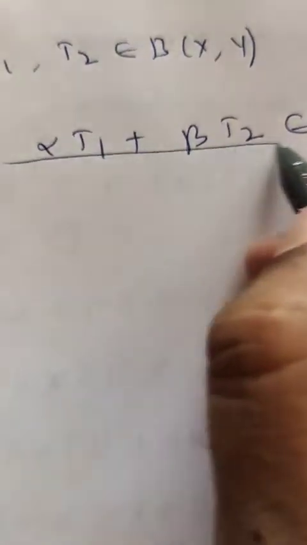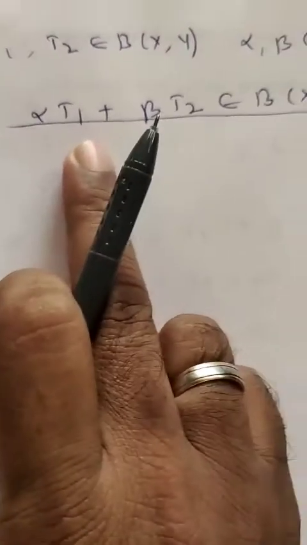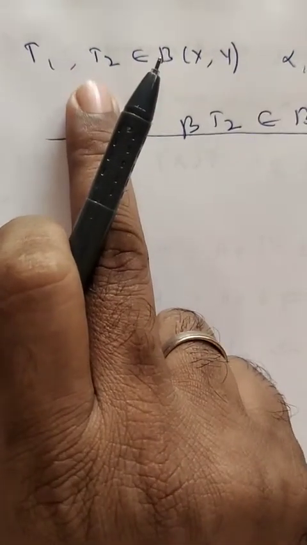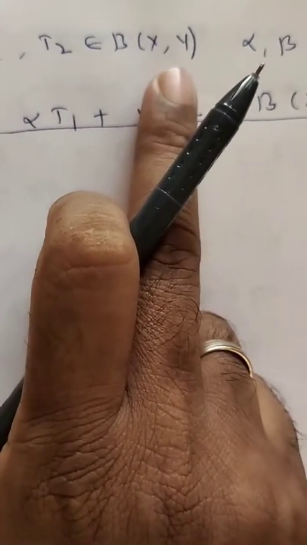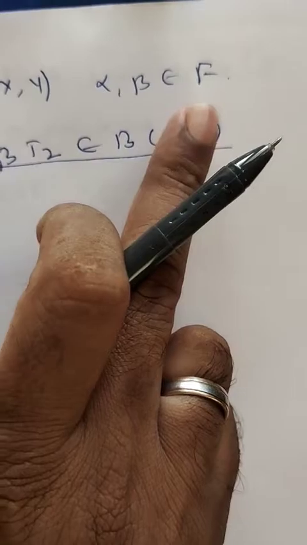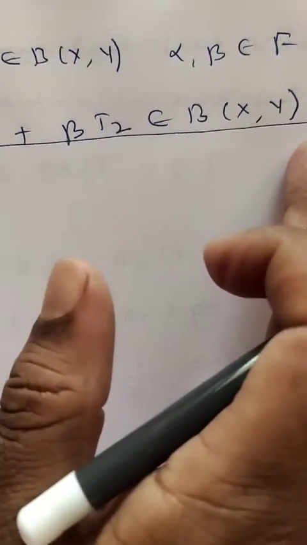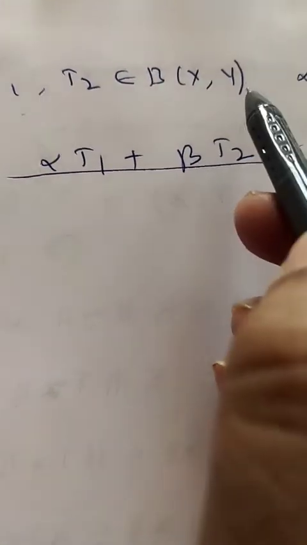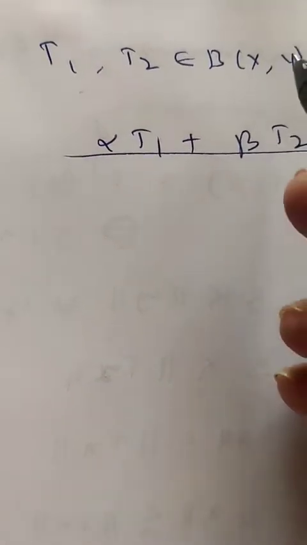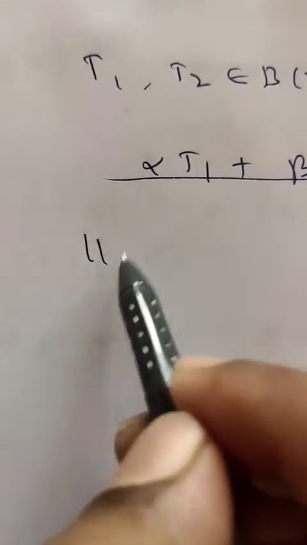This is the standard condition, you know it. So for every two elements T1, T2 in B(X,Y) and alpha, beta in F, alpha T1 plus beta T2 belongs to B(X,Y). How to prove this? Now T1, T2 belong to B(X,Y), which means they are bounded linear transformations. Therefore the norm of, what will happen?